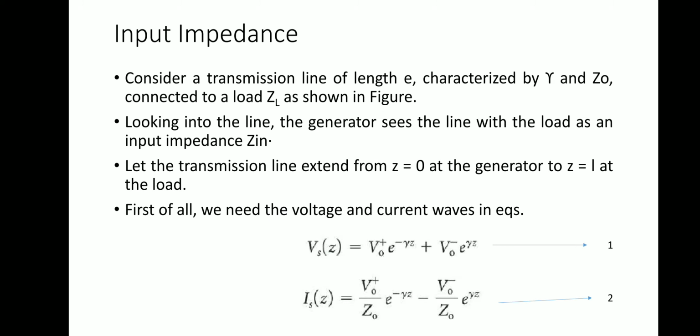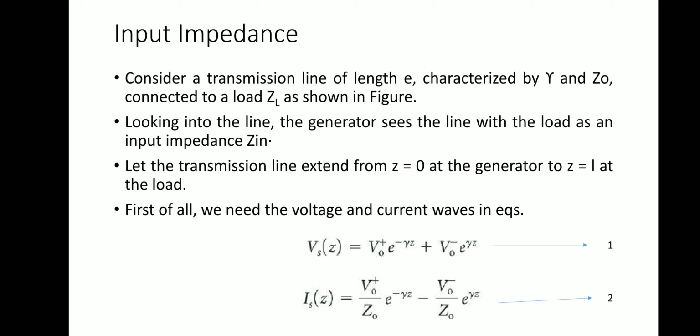We can take the second degree equation, our transmission line equation, to find the input impedance. Our transmission line equation is d square by dz square of Vs equal to gamma square Vs, or d square by dz square of Is equal to gamma square Is, and we can solve that second degree equation.